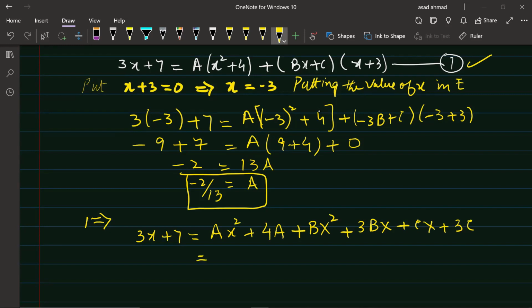Now take out common first the variable x square, that is a plus b. Then take out x common, 3b plus c, plus 4a plus 3c.